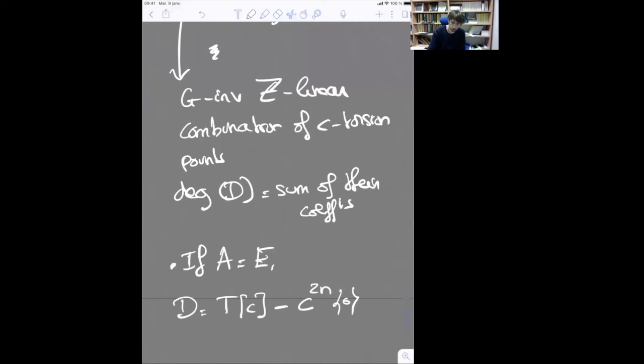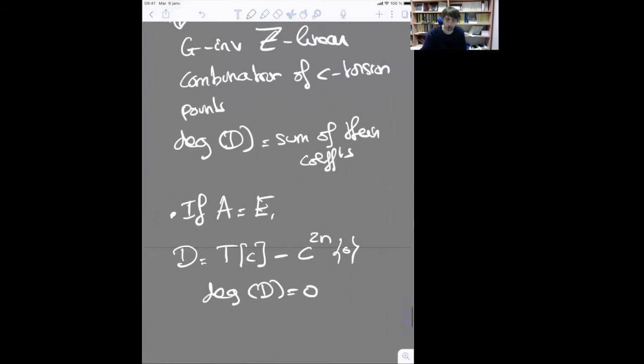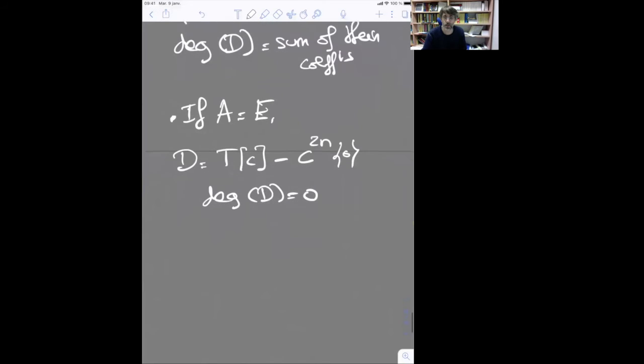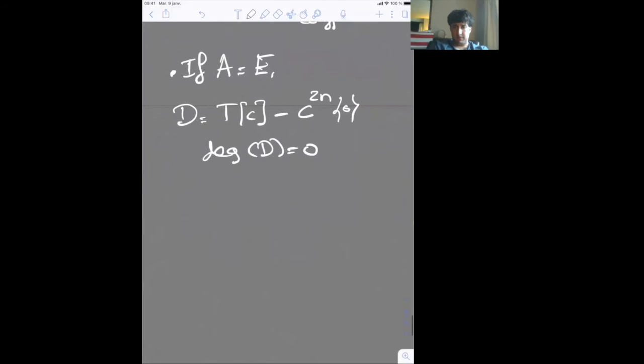So this divisor has degree 0. Of course, you can think of many other divisors of degree 0, but this was the one that arises in Sullivan's theorem.